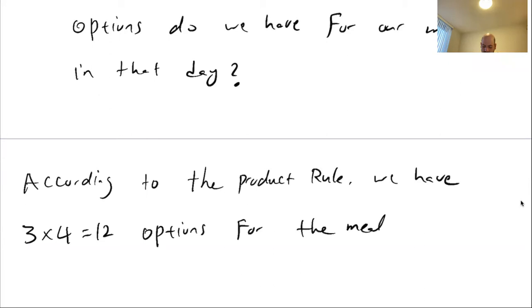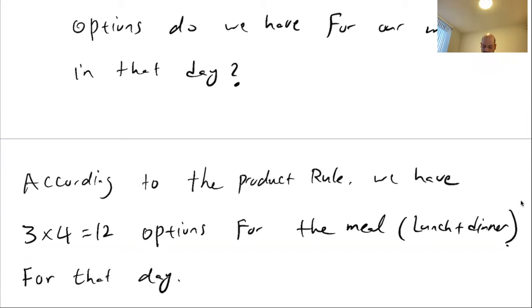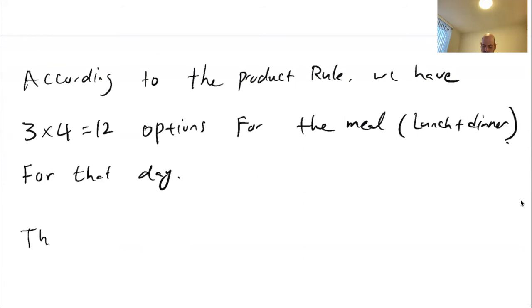By meal, we mean lunch plus dinner, for that day. This can be verified as follows. I'm claiming that we have 12 options in total, but we can also verify this.